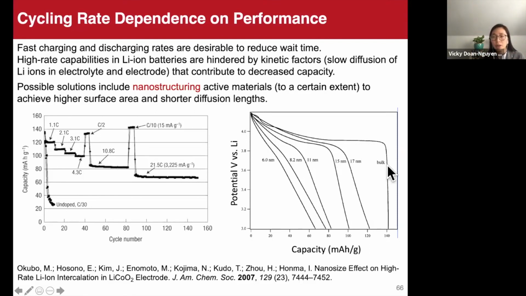So you can see here the capacity that can be achieved for a bulk type material versus a 6 nanometer particle. You can see that diffusion rate can be faster, but the capacity that can be achieved is less than that of the bulk. So there's a balance between the high capacities that you would want to operate at versus the capacity which you can achieve at those high rates.